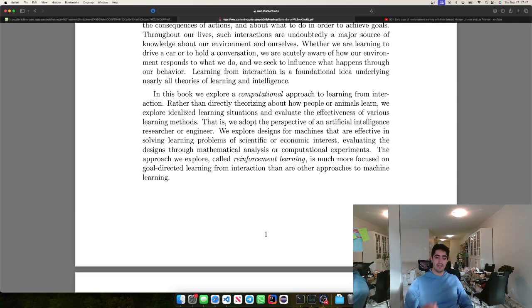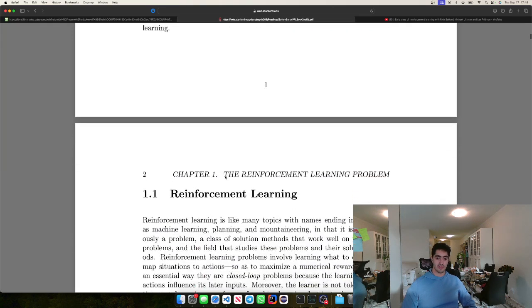That is, we adopt the perspective of an artificial intelligence researcher or engineer. We explore designs for machines that are effective in solving learning problems of scientific or economic interest, evaluating the designs through mathematical analysis or computational experiments. The approach we explore, called reinforcement learning, is much more focused on goal-directed learning from interaction than our other approaches to machine learning.